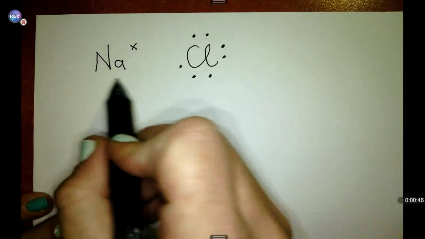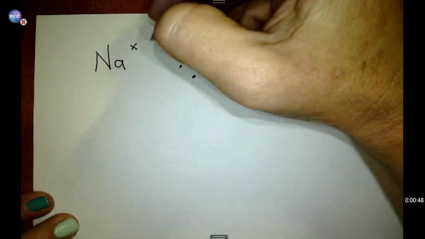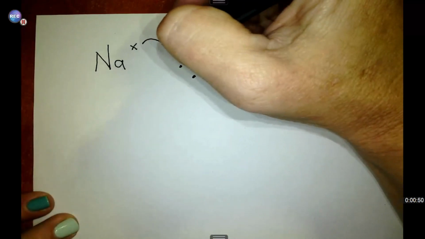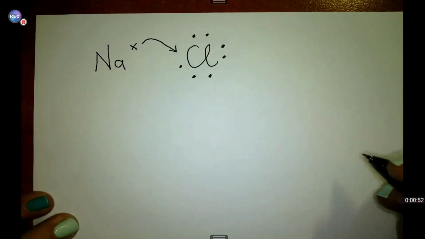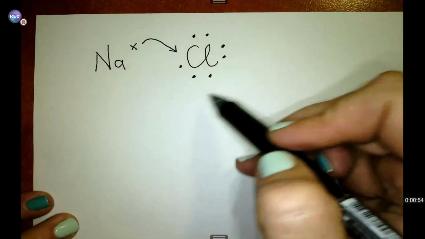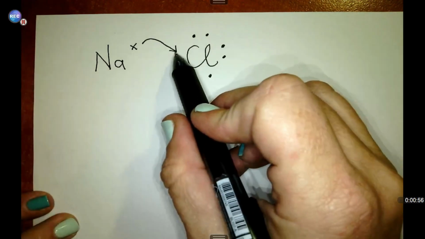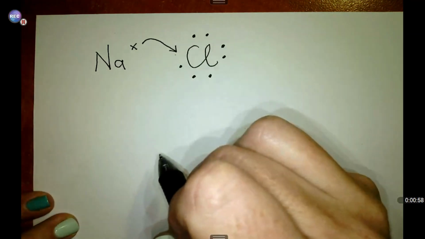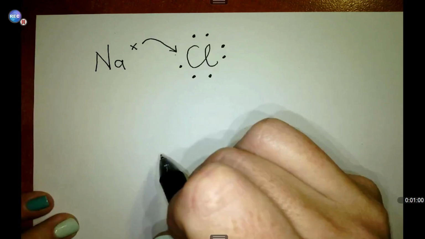Sodium is a metal. It therefore gives its electron to chlorine. Chlorine is a non-metal. It therefore accepts that 1 electron from sodium.